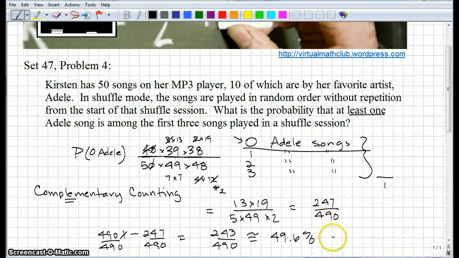Okay? So that is your answer here. You can express it either as a fraction, 243 over 490, or as a percentage. Now I know I always tell you not to use a calculator, but to really get a handle on probability, sometimes it's nice to convert it to a percentage.